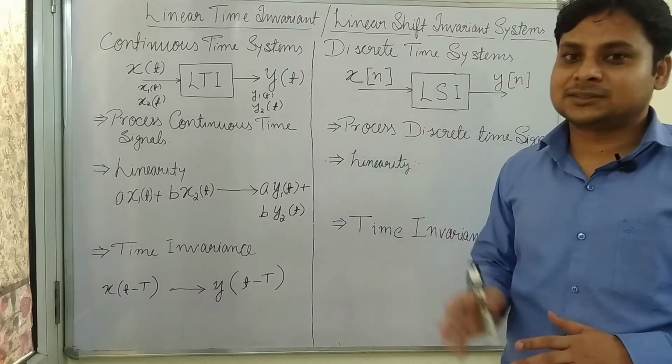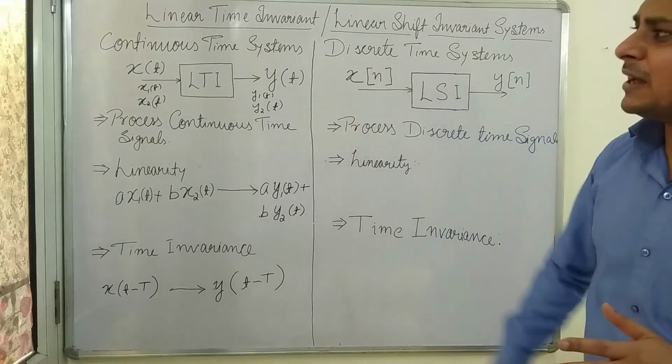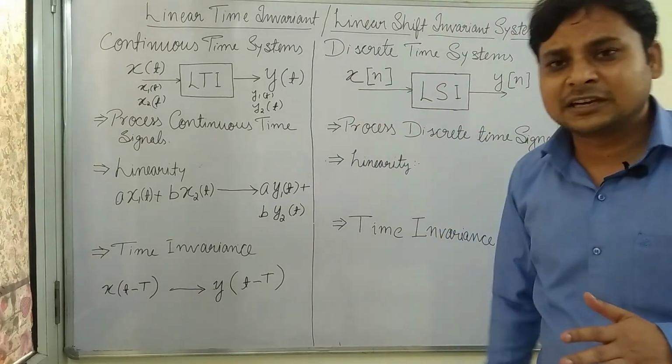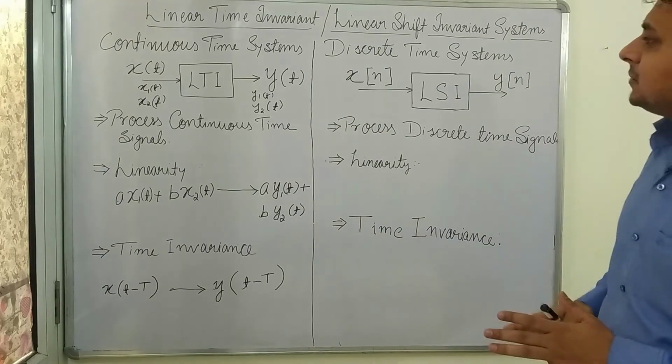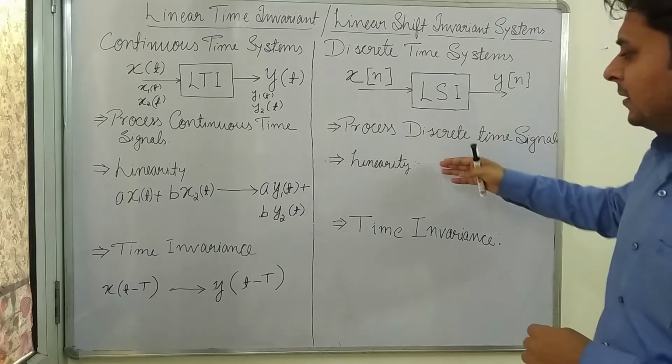There is only one difference: a linear time invariant system processes continuous time signals and a linear shift invariant system processes discrete time signals, and the same properties are followed here.